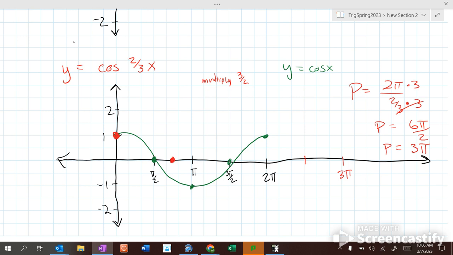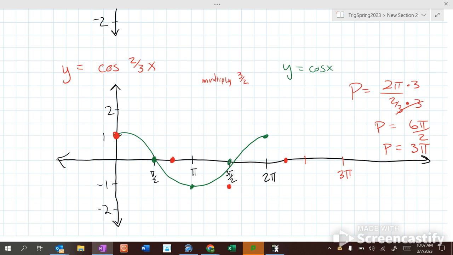Okay, I went 6 squares. What's 6 times 3 halves? 9 squares. So I need to go 9 squares to get to this point. And here, I had gone 3, 6, 9 squares. What's 9 times 3 halves? 13.5. So I'm at 9, 10, 11, 12, 13.5.